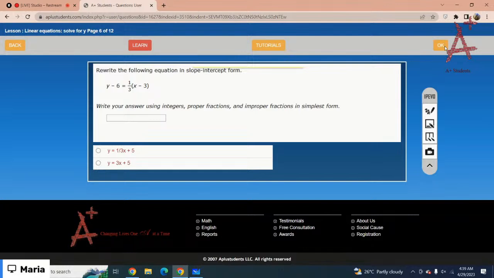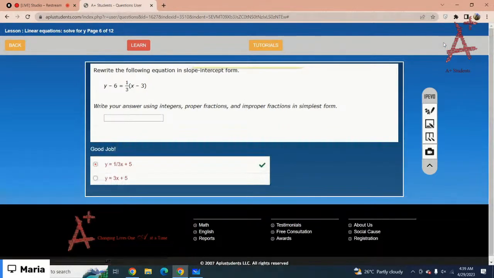So which is the correct option? That is option number 1. y equals 1 over 3x plus 5 is the correct option.